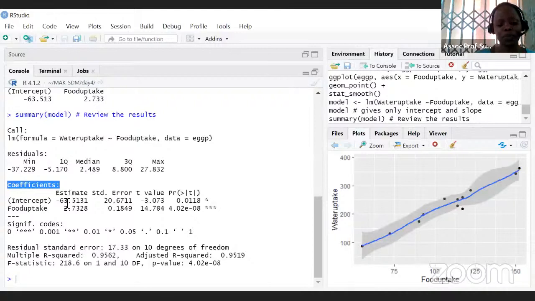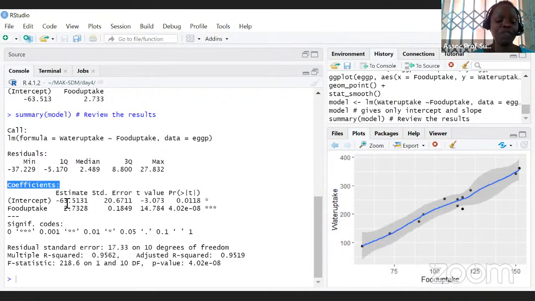Now, the slope: for every gram increment in food uptake, the bird increases water uptake by 2.733 milligrams, or I mean milliliter.